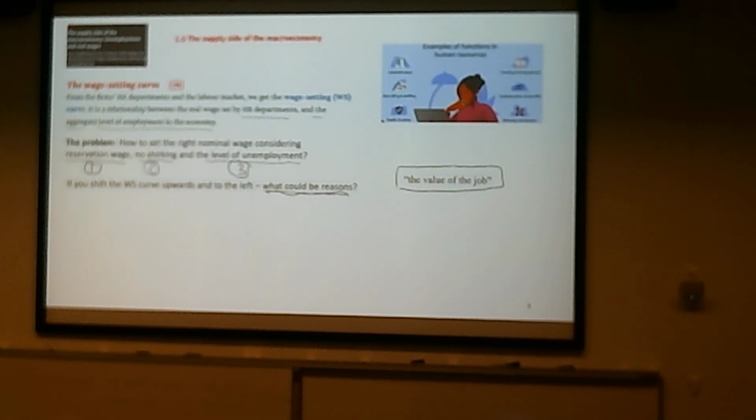From chapter 6 in the microeconomics book, we also got this thing about economic rent. There we used the term net benefit of a job minus the net benefit of the next best alternative.